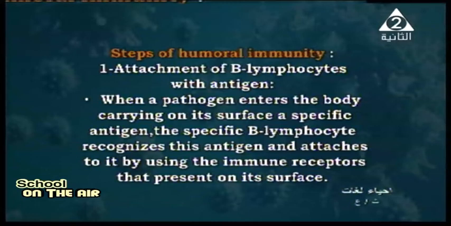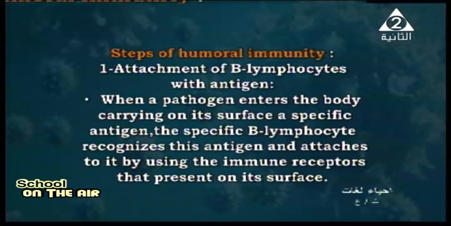When a pathogen enters the body carrying a specific antigen on its surface, any pathogen, viruses or bacteria, it is like a key. This key is known as the antigen. This key needs a specific lymphocyte to recognize what this antigen is, and to attach to it by using immune receptors.